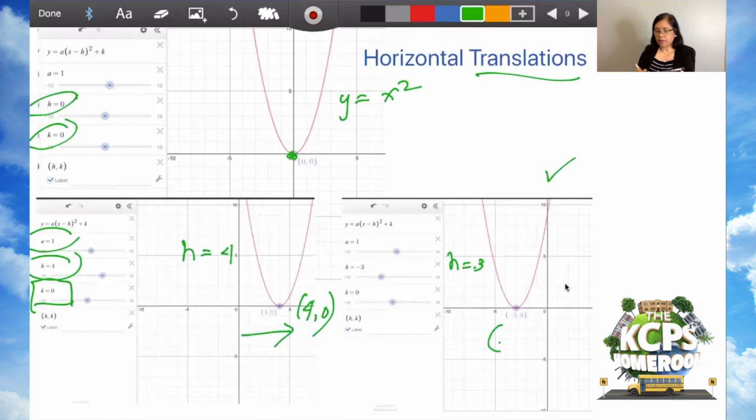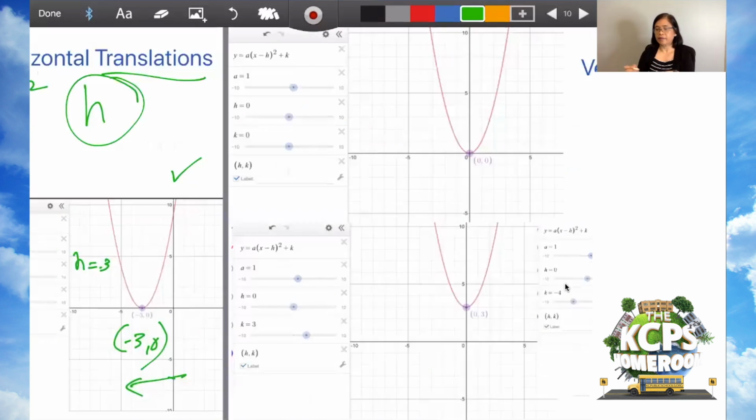Notice the coordinates here. It's -3 and 0. It's a movement to the left. It's a slide, a horizontal translation. This is affected by the value of h. It's the value of h that affects this movement. Slide h. Take note of that.